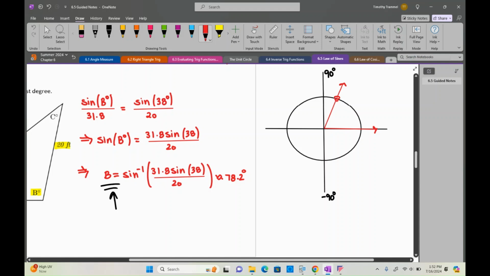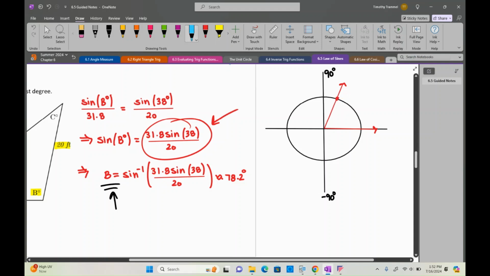You might remember that when we're trying to find sine inverse of something, what we're really looking for is what angle will give us a y value that's equal to this. That y value is this one right here that we have sketched in.